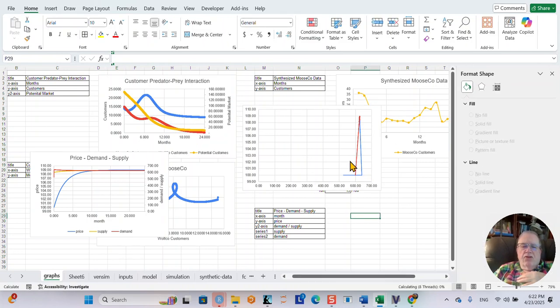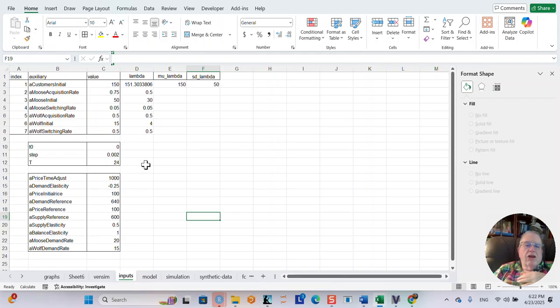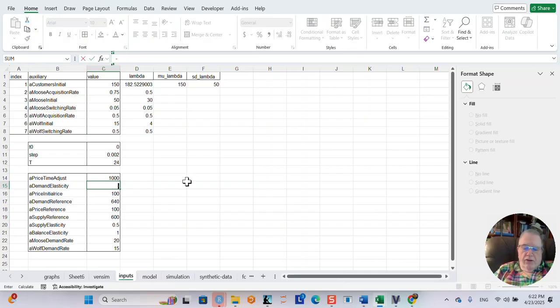But this doesn't make much sense to me right now, nor does this. And that's because we haven't really changed that much. We can make demand a lot more sensitive. Bring it closer to unitary.